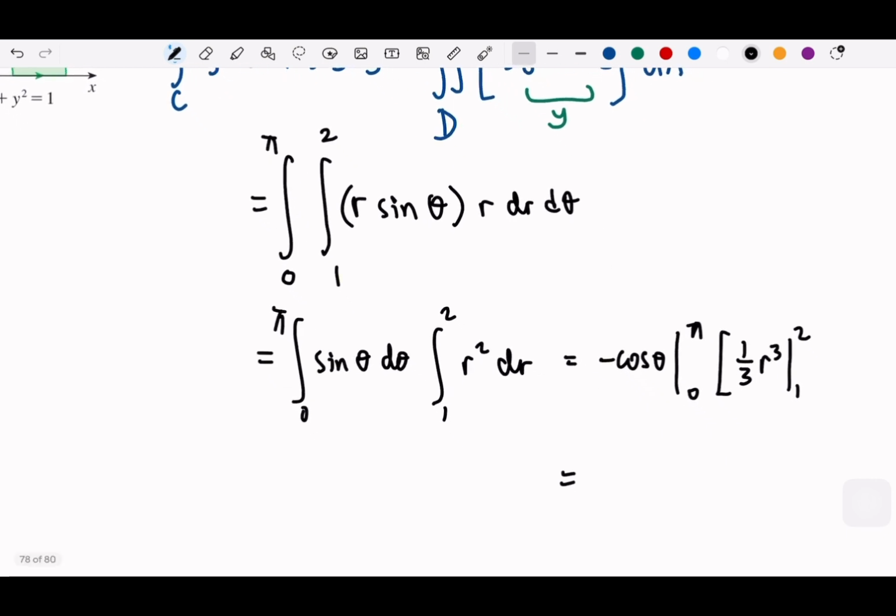This will be 8/3 minus 1/3, it's 7/3. And the negative cosine theta gives negative 1, 1 plus 1, 2. So 2 multiplied by 7/3 will be 14/3.